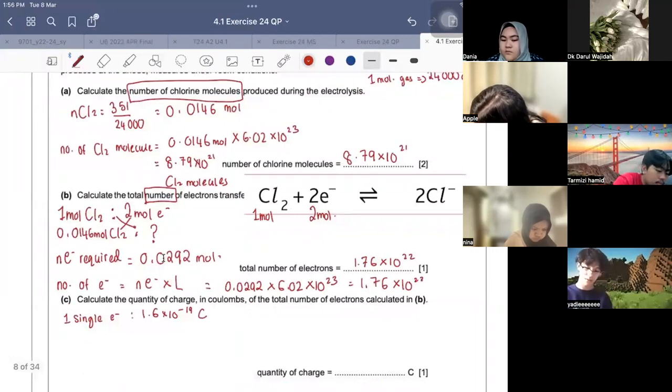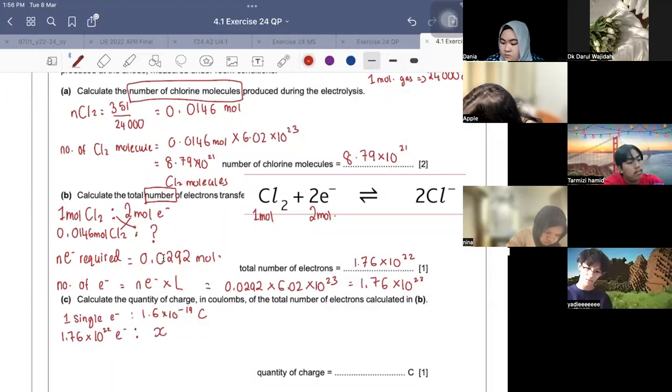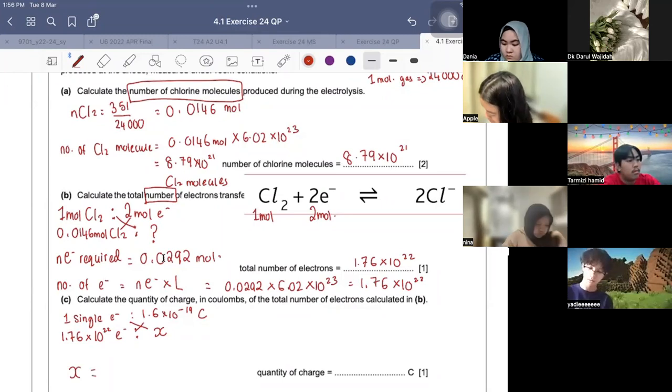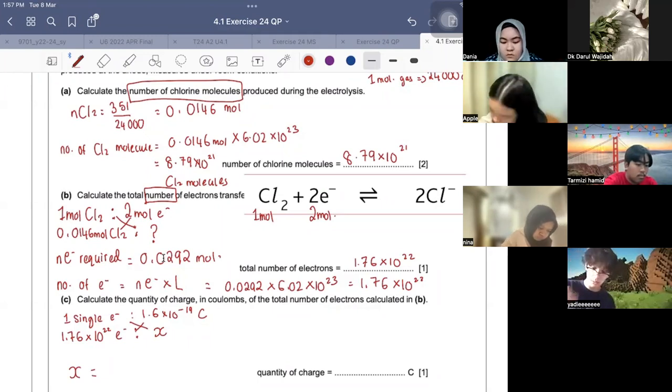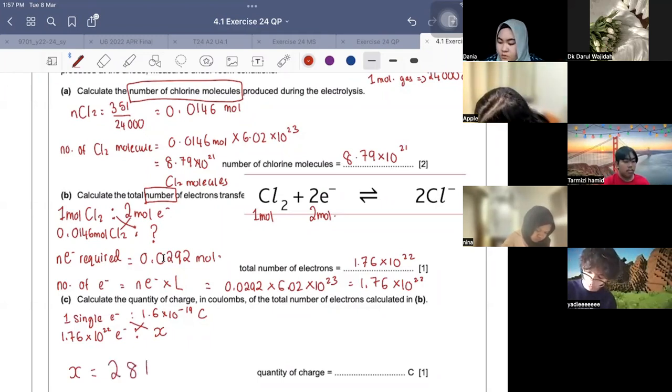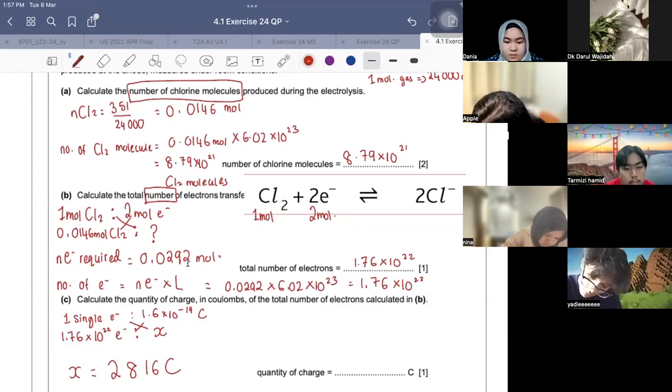So how much charge is carried by 1.76 times 10 to the power of 22 electrons? So you just multiply them. 1.76 times 10 to the power of 22 times 1.6 times 10 to the power of minus 19. 2816 coulombs. That means in this setup, there is actually 2816 coulombs of charge being supplied.